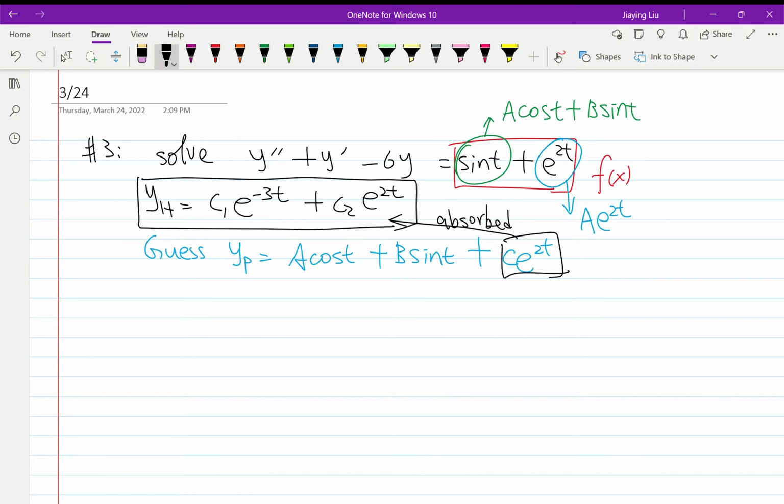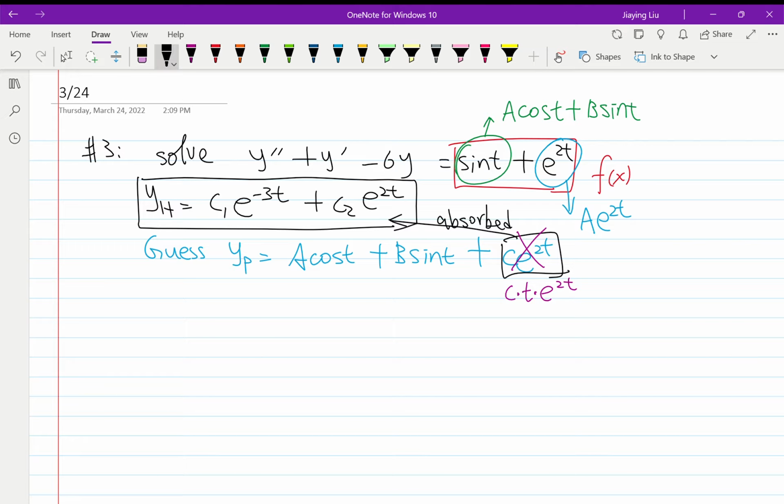So we have to replace this guess by multiplying by x, but only this term. In this case, multiply by t. So instead of using c e to the 2t, we're going to use c times t times e to the 2t. And now this is different from the terms in the homogeneous solution. So every time the particular solution you guess shows up in the homogeneous solution, you're just going to multiply by t or multiply by x until they're different. That's a good question.